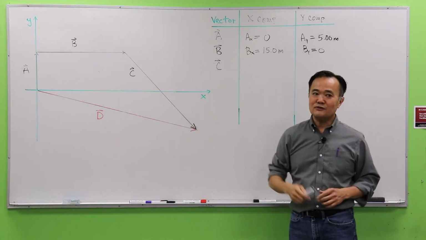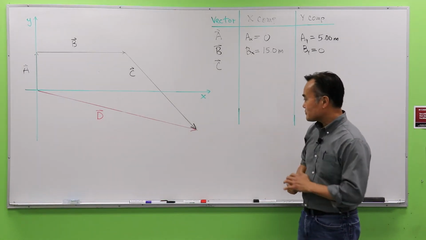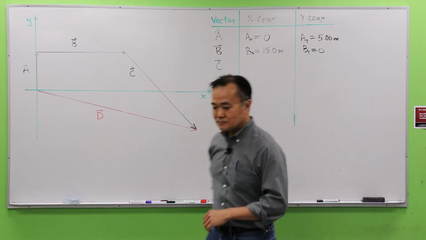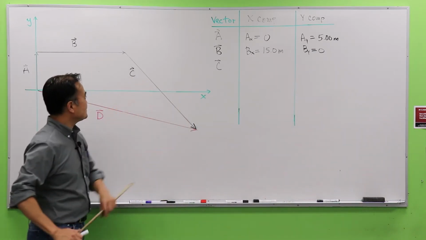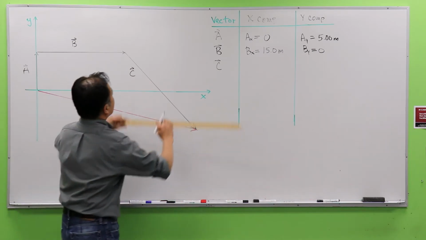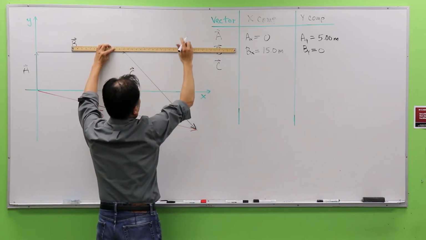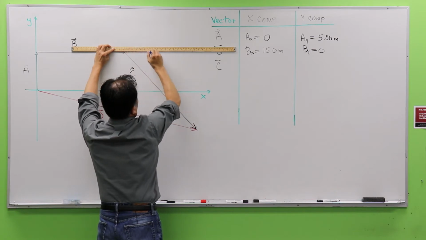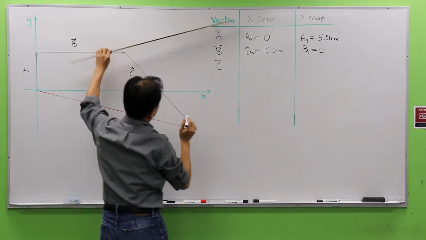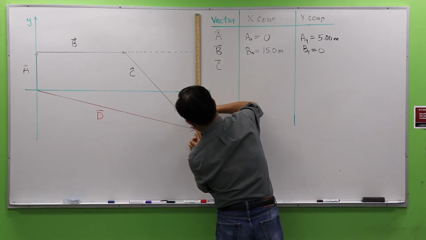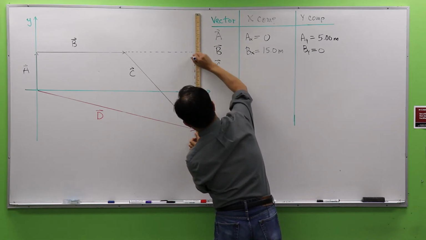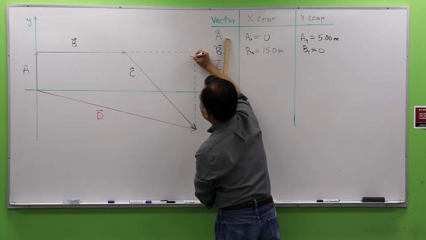Well, okay, now we have to work for it a little bit. So this vector C has an x component that would look like this, and it has a y component like this, and that's the right angle.